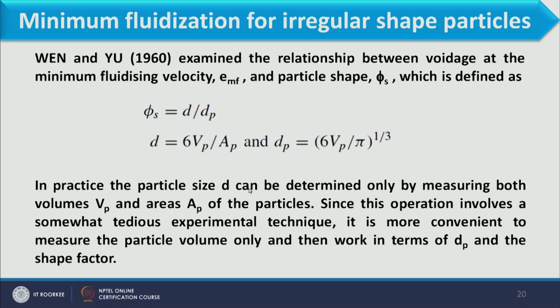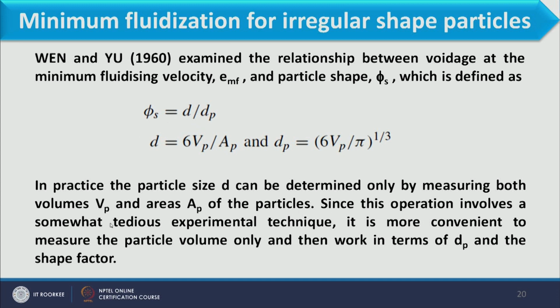In practice, the particle size d can be determined only by measuring both the volume Vp and the area Ap of the particles. So once we know Vp as well as area Ap, only then can we define the diameter d, as we can see from this equation.